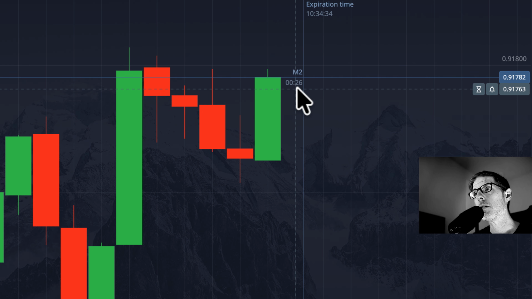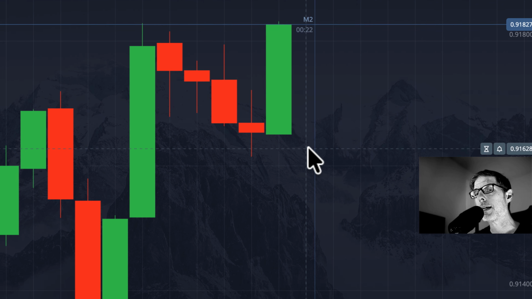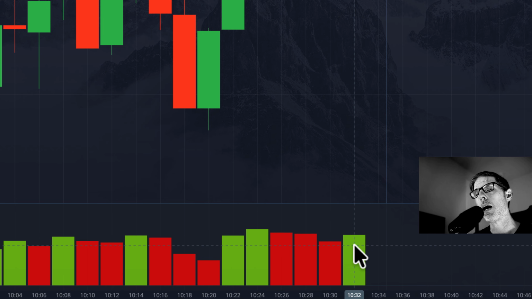And once that does appear, what we're going to do is glance down quickly at the Awesome Oscillator to see what this bar is doing. It's going to be the bar in the front of all these other bars. All these other bars in the past don't really matter that much. It's the bar in the very front that matches up with the 2-minute candle.